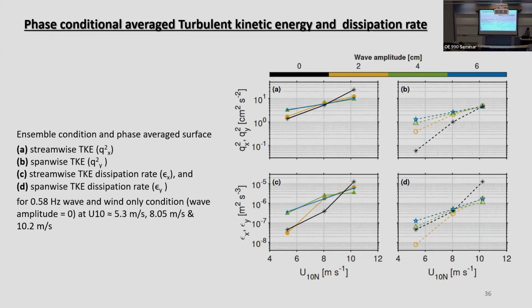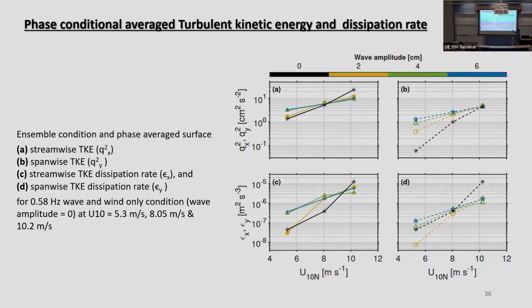Now, this plot is a combination of all the runs averaged over all the phases. So the plots shown before were phase conditioned, a function of phase. Now it's just ensemble averaging bulk turbulent kinetic energy and the dissipation rate. Panels A and B are the turbulent kinetic energy in the X direction and Y direction.